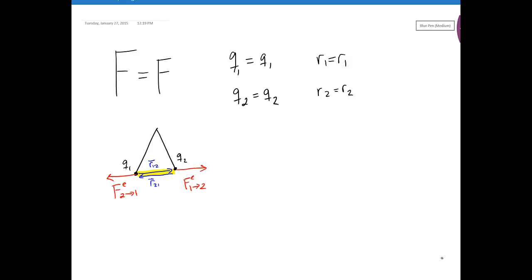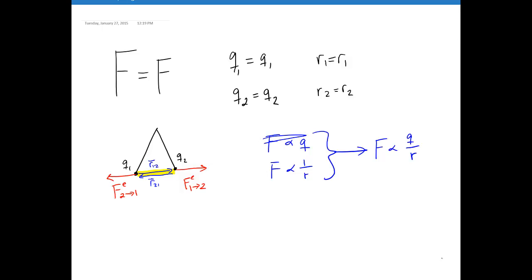Probably the best way to look at that is to realize that through our experimentation we noticed that force was directly proportional to charge, and that force was inversely proportional to distance, the separation distance. And so if we combine that into one statement of proportionality, we would have force is directly proportional to charge but inversely proportional to the distance, the separation distance.